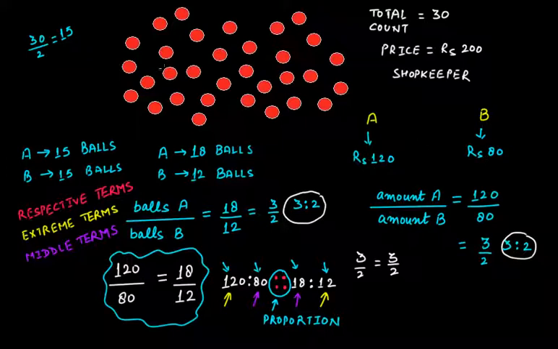Therefore A should get more balls than B. When A says I should get 18 balls and you should get 12, the ratio of balls distributed is 3:2, and the ratio of amount paid is again 3:2. So 3:2 is equal to 3:2. These two ratios are in proportion. They are equal. Therefore, our distribution of balls is correct, is perfect.